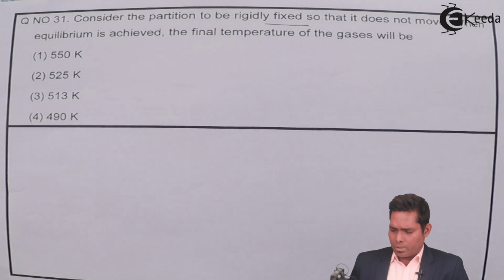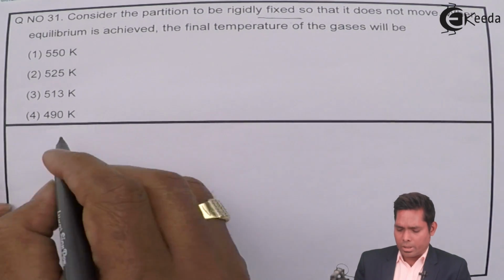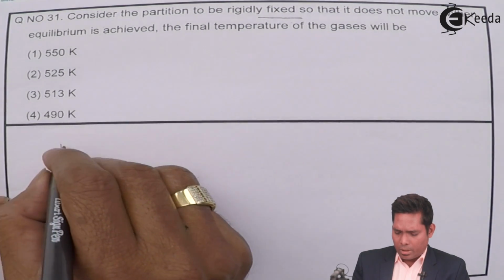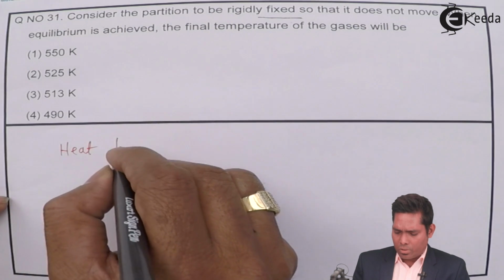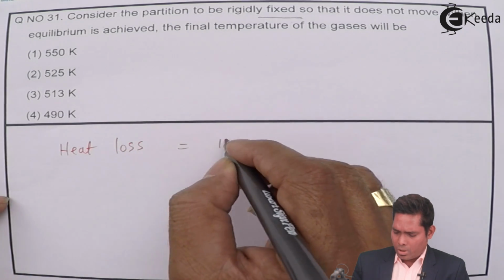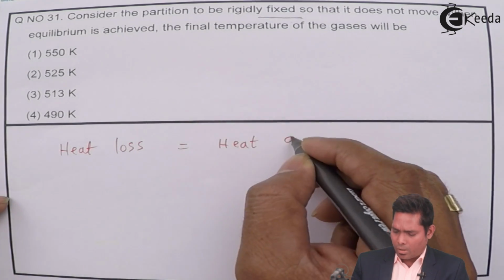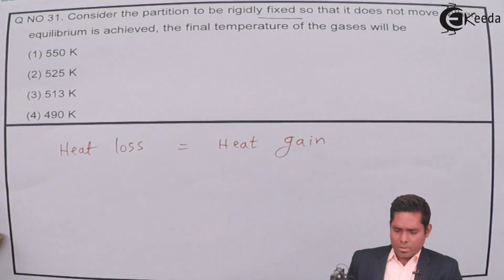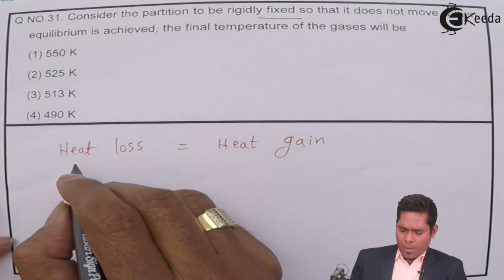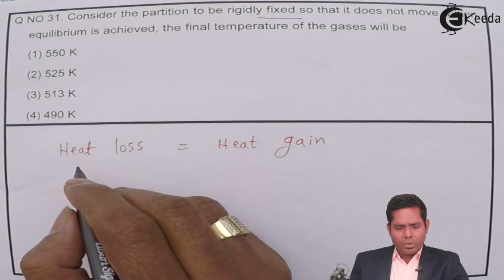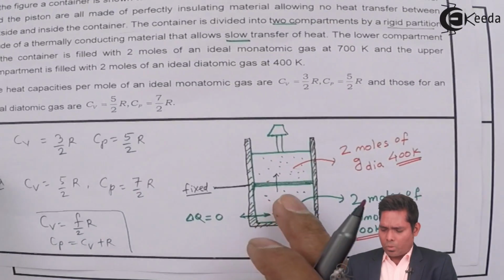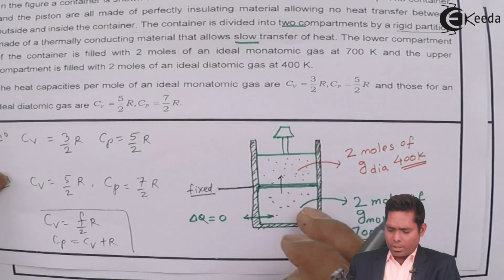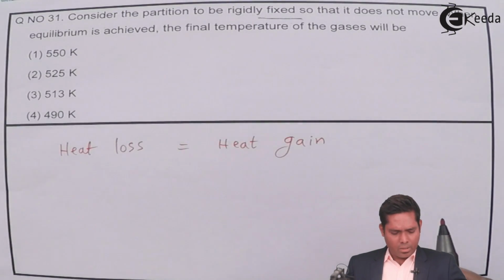Now, if I want to solve this one, I have to use the principle of heat transfer, that heat energy remains the same: the heat loss is equal to the heat gain. Now we know that the lower one will lose heat, and that is what we'll write here.